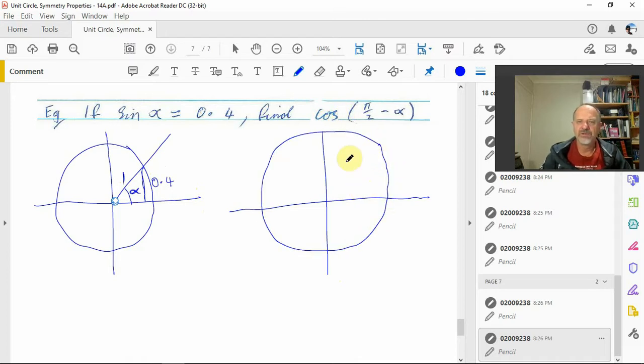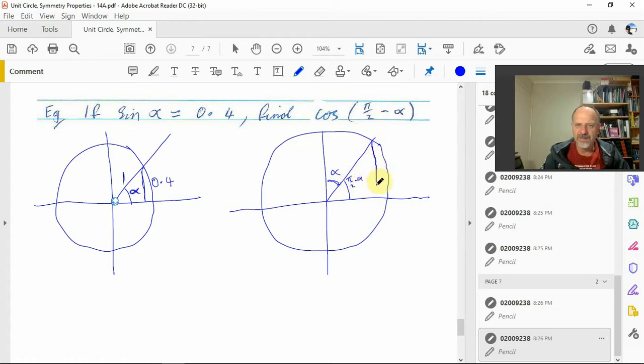All right, pi on 2 is to here, and then minus alpha. So we go pi on 2, and then minus alpha, back this way. So that's alpha. So this angle in here is pi on 2 minus alpha.